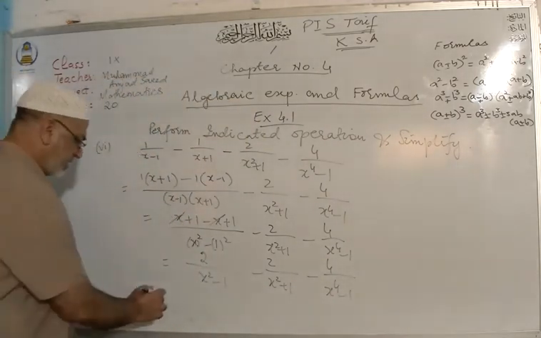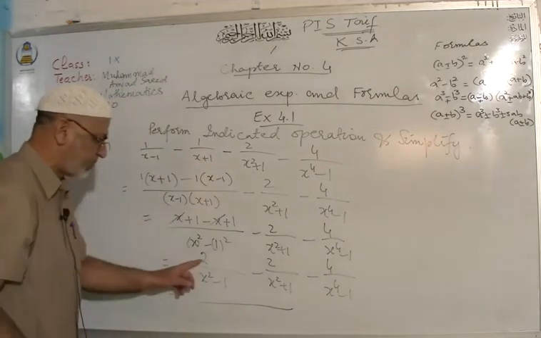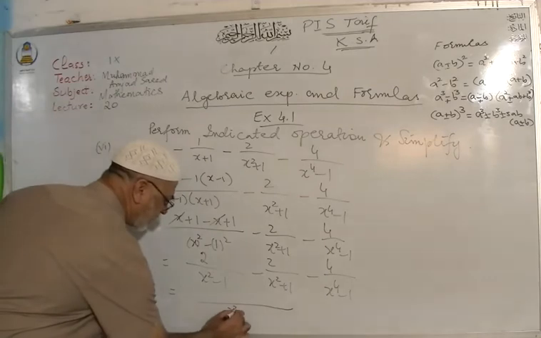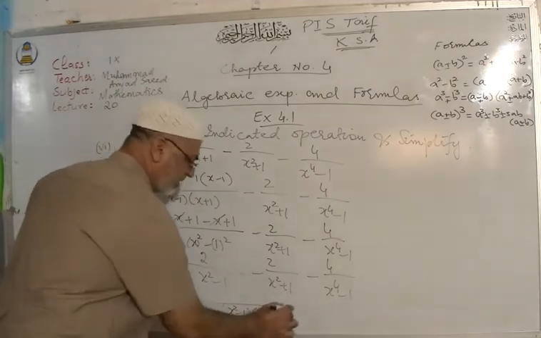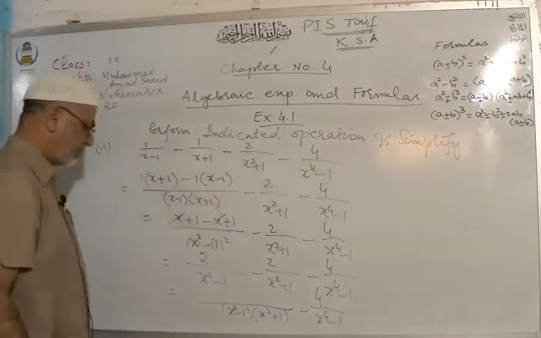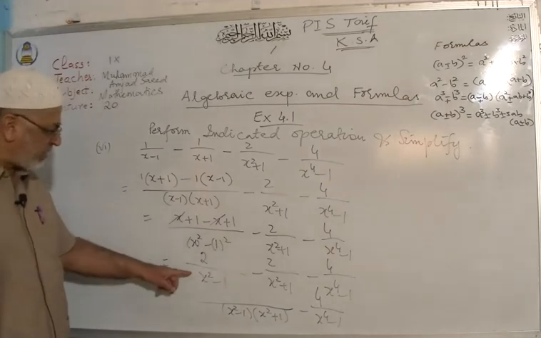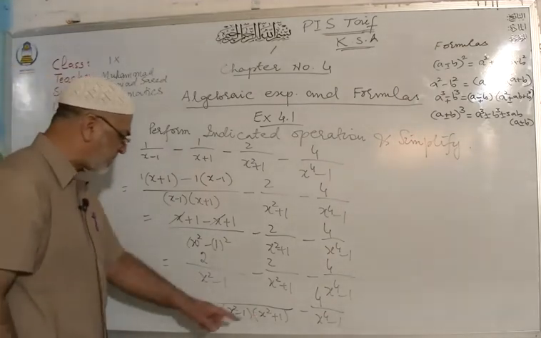After that, again you will take the LCM of first two terms. X square minus 1 and x square plus 1, minus 4 over x 4 minus 1. X minus 1 cancelled out, and we are left with x square plus 1.